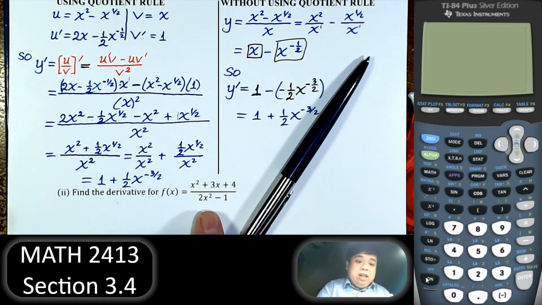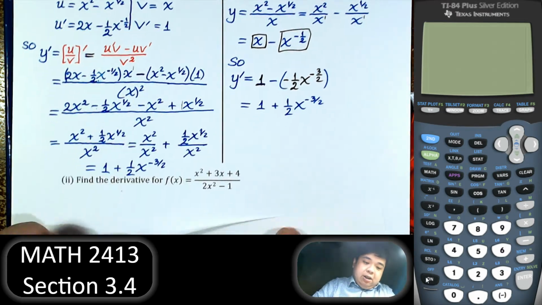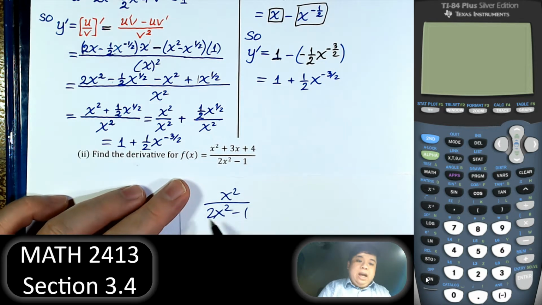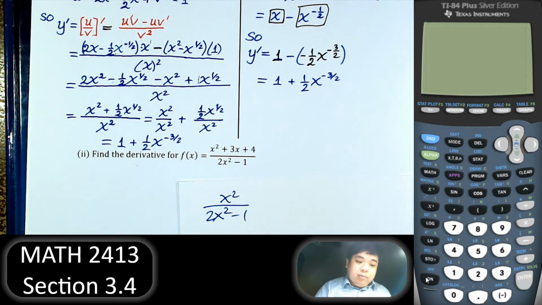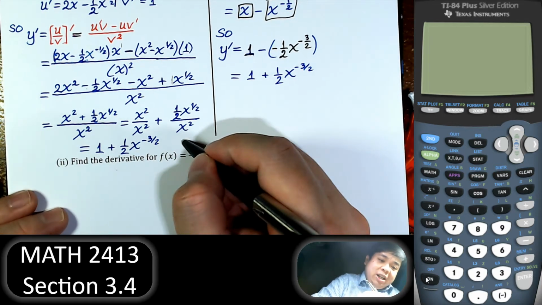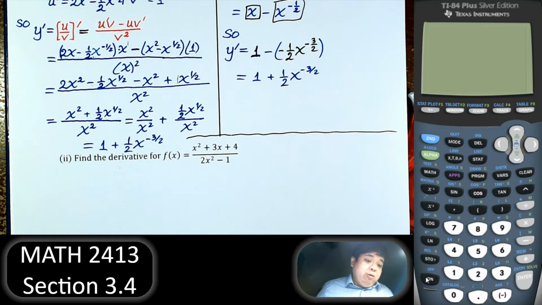We cannot split, even though if we split, we have x squared over 2x squared minus 1. We cannot do this without the quotient rule. So bottom line is, when the bottom has more than one term, when we cannot split that, then the quotient rule will be very helpful.